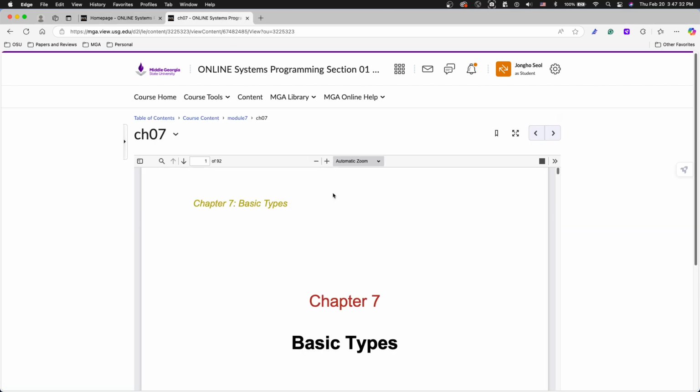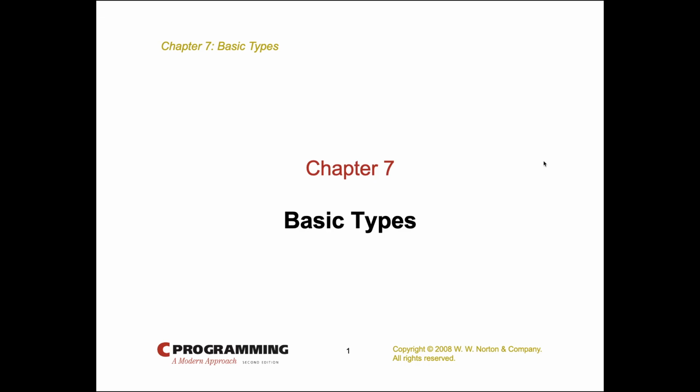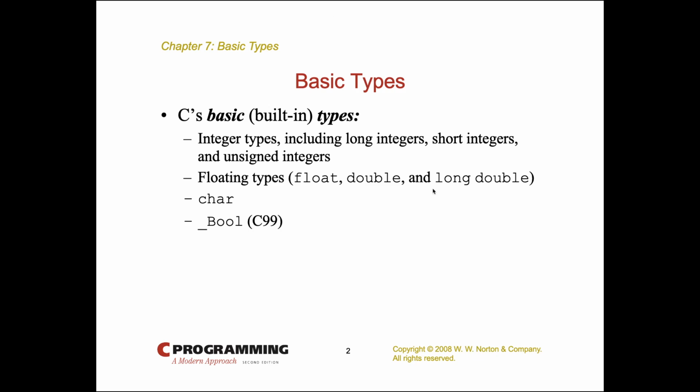Okay, let's get into chapter 7, basic types. Basic means in a C program that is built-in types, like integer, long integer, short integer, unsigned integer, floating types: float, double and long double, character, and bool.